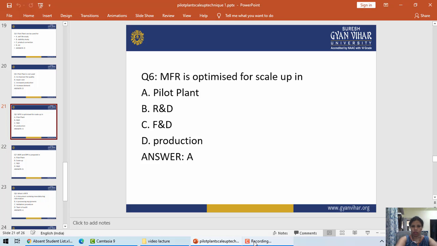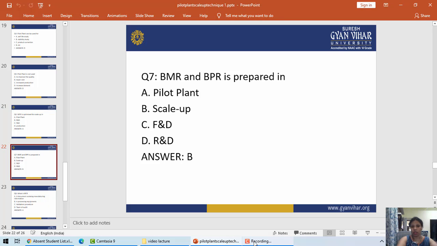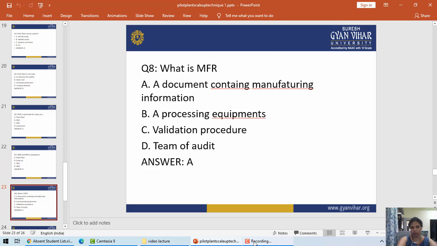Like we say MFR, you should know that MFR is master formula record. Similarly, you should know BMR, batch manufacturing record, BPR, batch processing record, F&D, formulation and development, R&D, research and development.